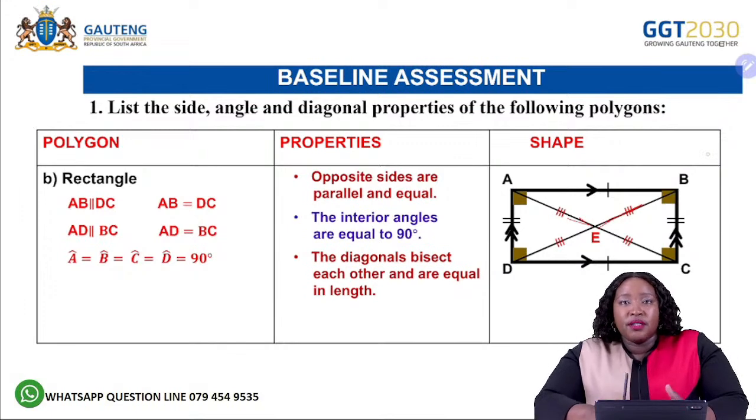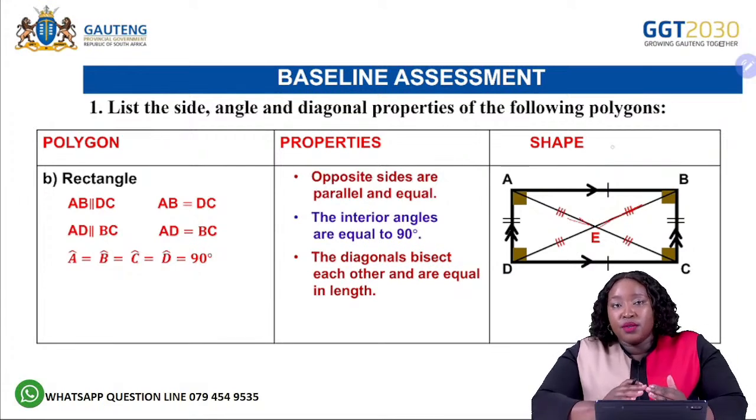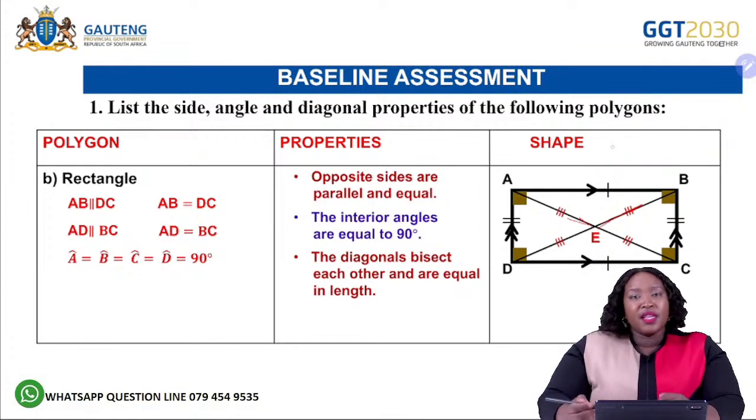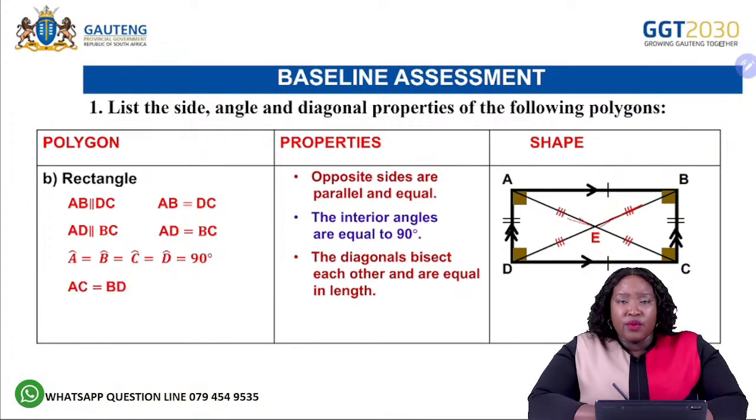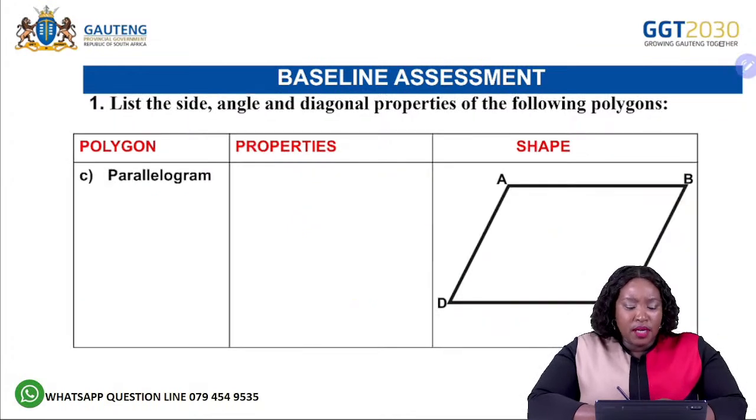That would tell you that the triangles formed when you draw your diagonals into a rectangle will be isosceles triangles because the two sides would always be equal. Okay, that's just something to keep in mind when our problem solving comes in later.